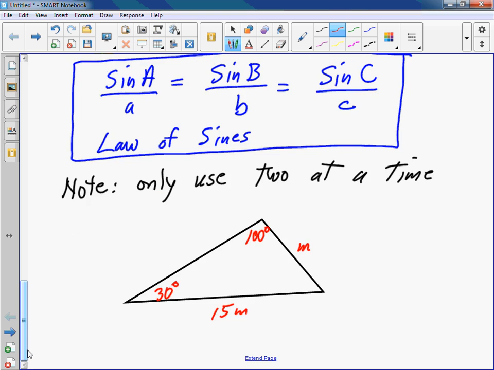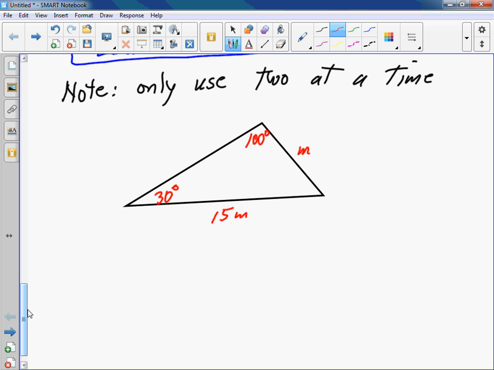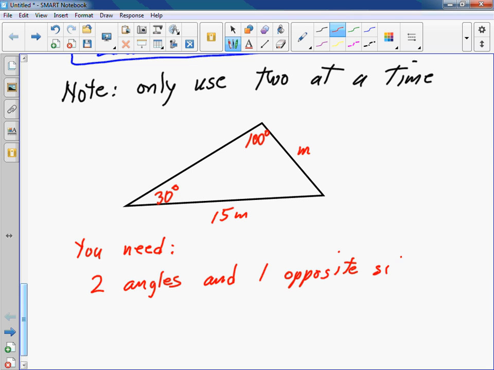All right? Now, notice, with the law of sines, I know, but it doesn't matter. We don't even need it. You need 2 angles and 1 opposite side, or 2 sides, you guessed it, and 1 opposite angle, not included.